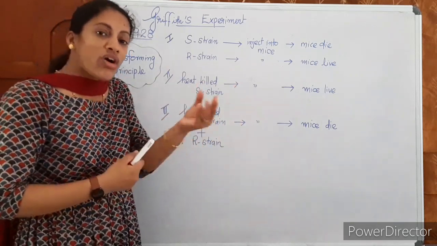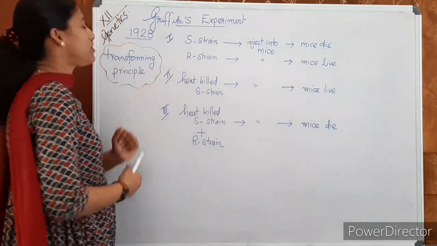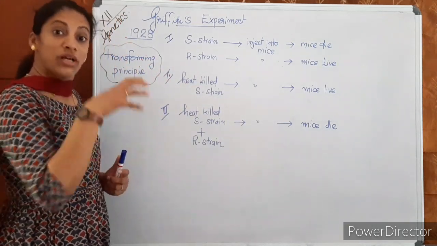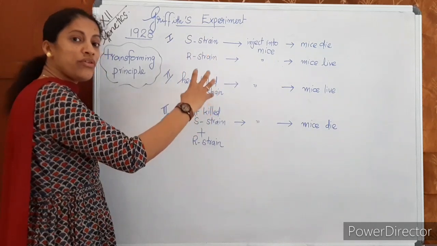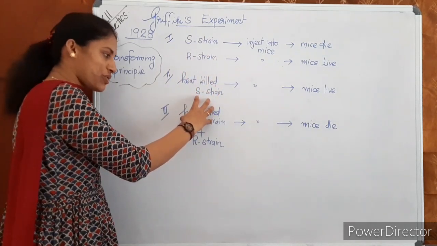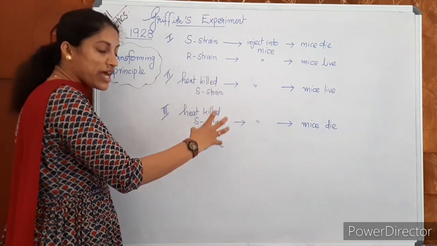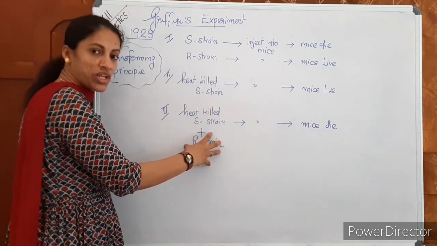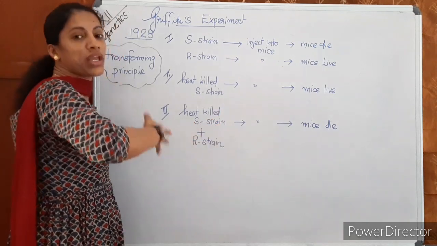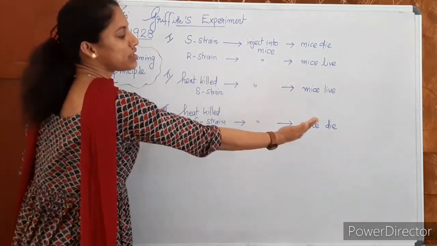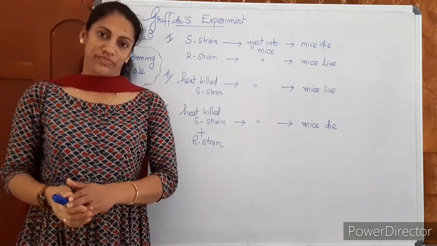He called that something the transforming principle. So according to Griffith, the transforming principle from the heat-killed S strain transformed the R strain to S strain. The R strain became S strain so that it caused the disease.